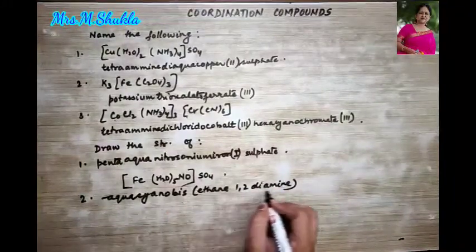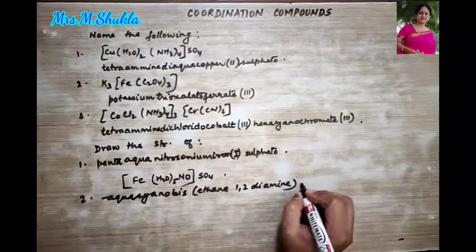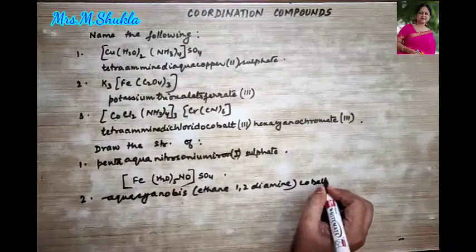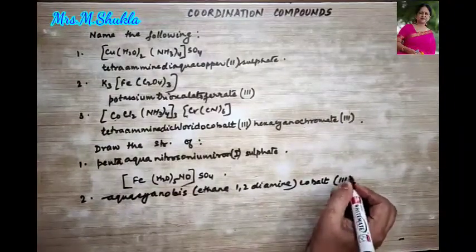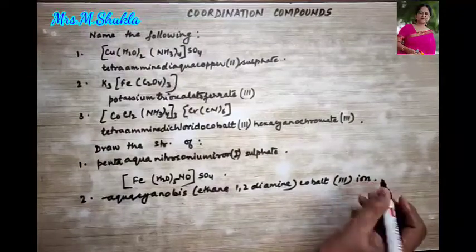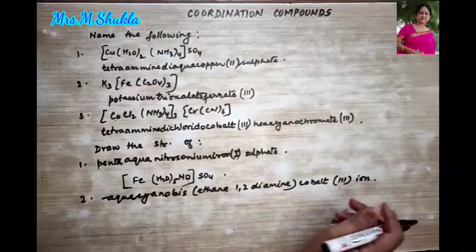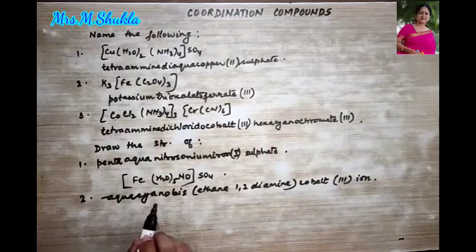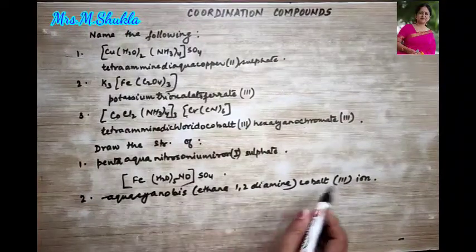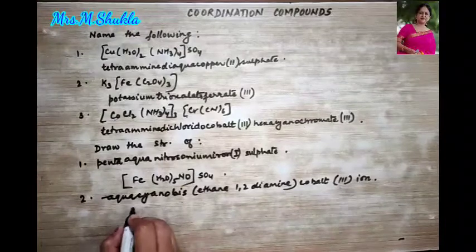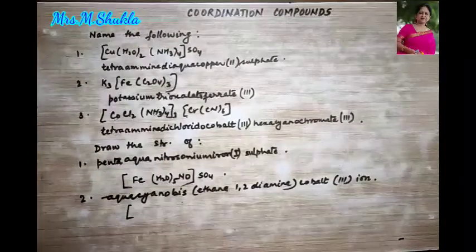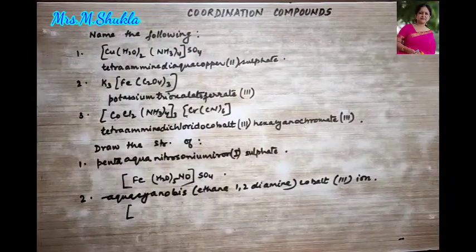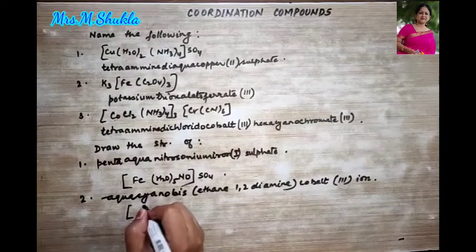This is ethane-1,2-diamine. When I am writing ferrate, do remember what I am going to do at the end. It is an ion, so all of it is going to come into a big bracket.